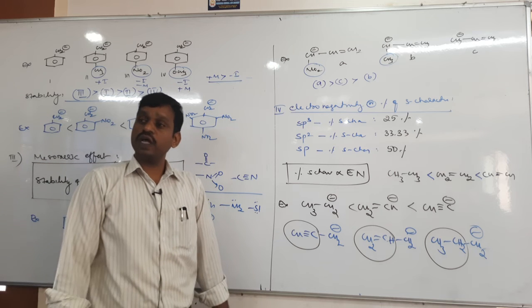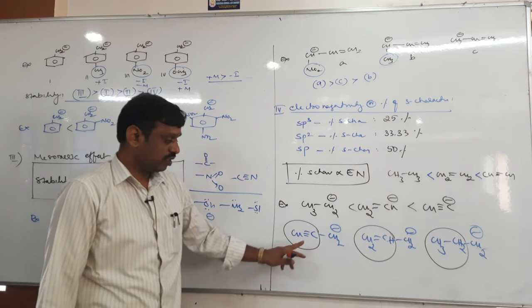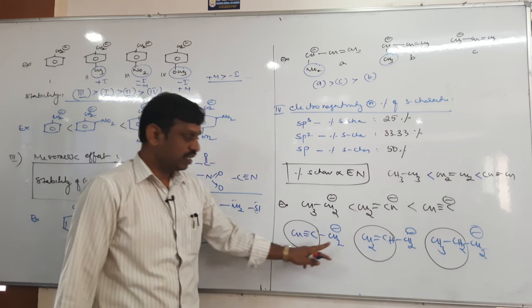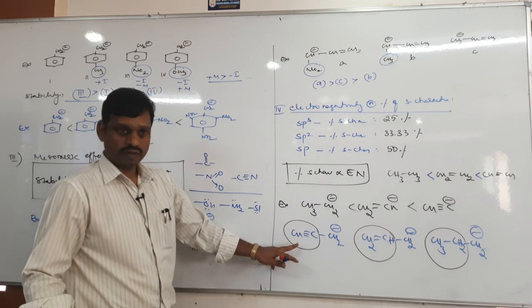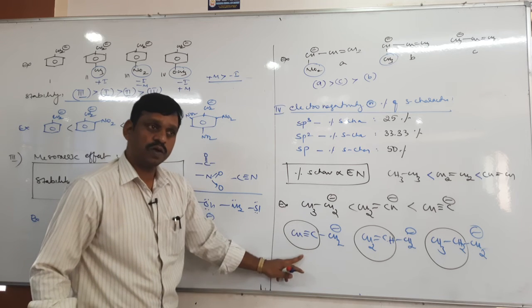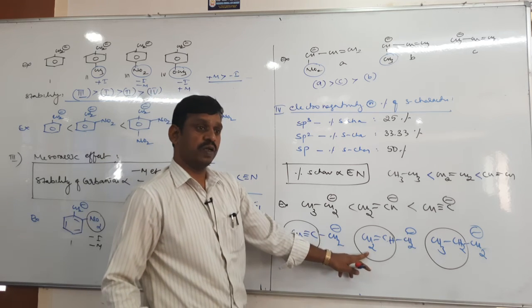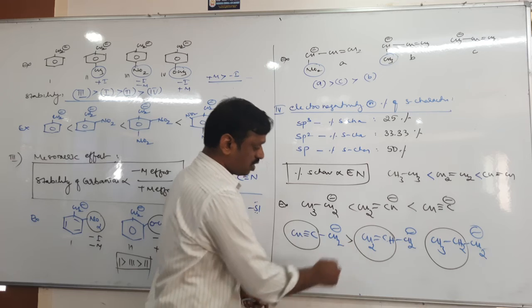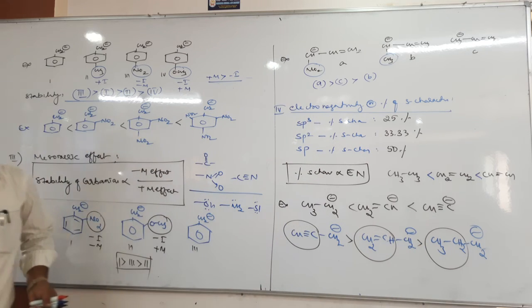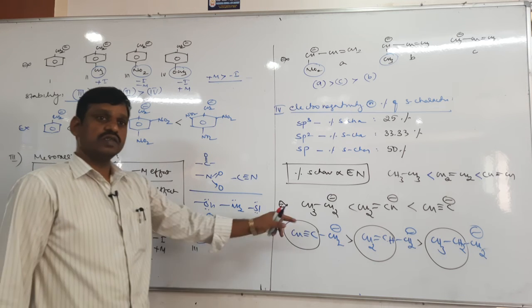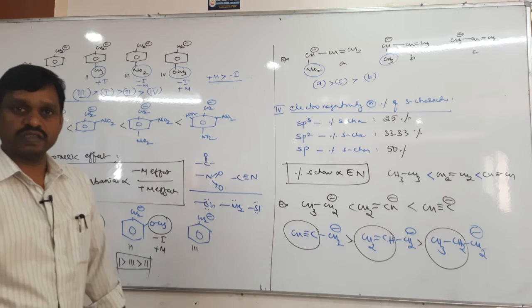So which has more electron withdrawing nature? sp carbon, then sp2, then sp3. And moreover, resonance is possible here. So that is also one reason. Therefore, as the electronegativity of carbon increases, the stability of carbanion increases.